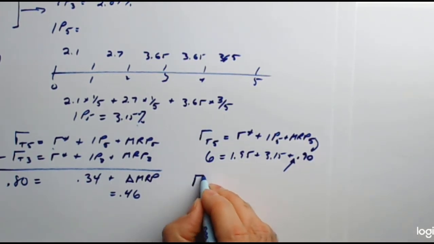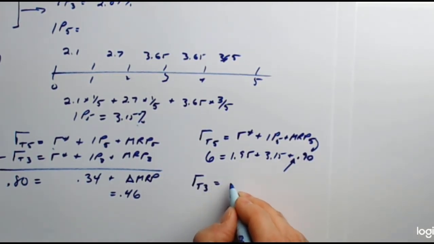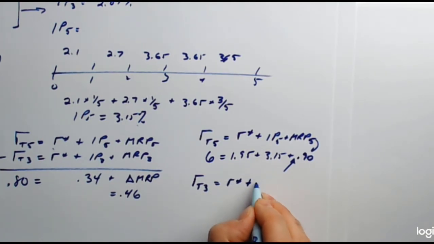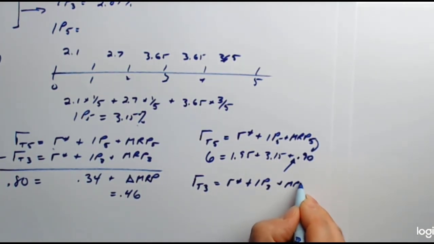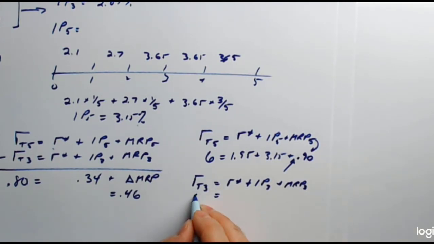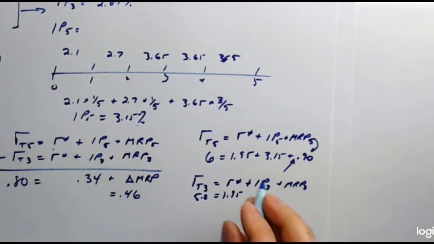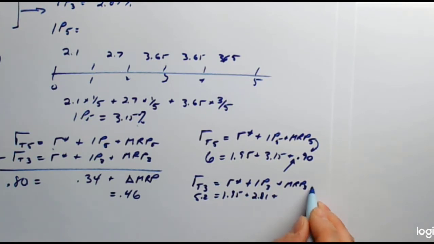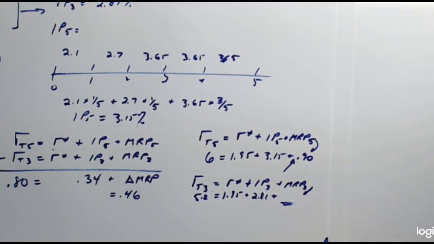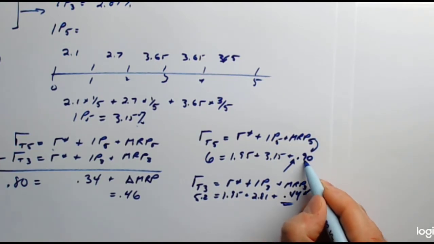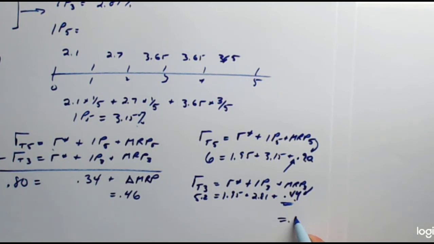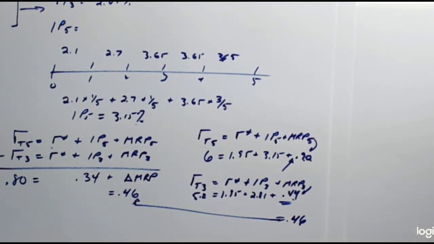And then doing the same thing for the 3-year security, this is 5.2, 1.95 plus 2.81. And this guy right here, what's missing, is going to be 0.44. So the difference between 0.90 and 0.44 equals 0.46. Exactly what we solved for.